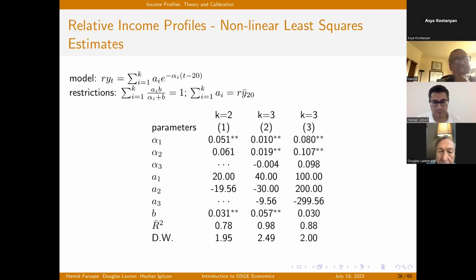We chose 3 in the data set to help us fit these age earnings profiles. You can see from the R-squareds, you actually get fairly good fits for this functional form to fit the age earnings profiles to the US data.